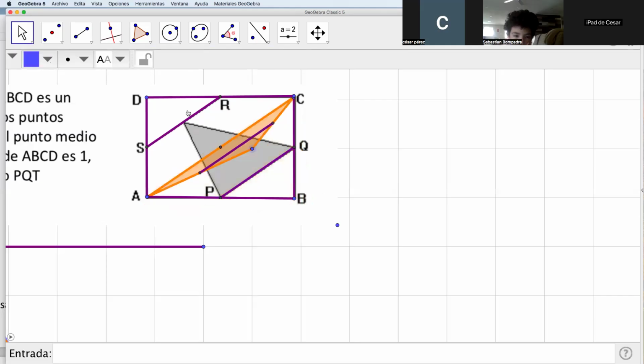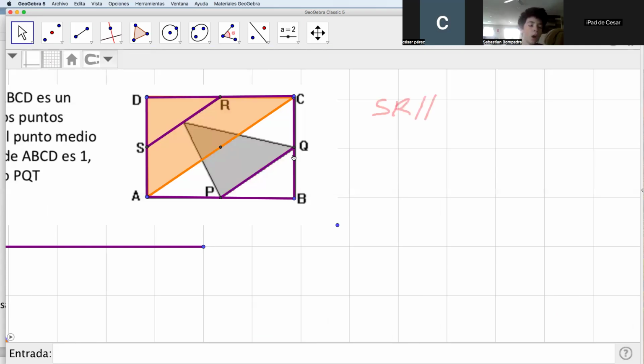If we draw this triangle, this is the midpoint, and this is another midpoint. So this is parallel to this one. So this SR is parallel to PQ. SR is parallel to PQ. Okay?